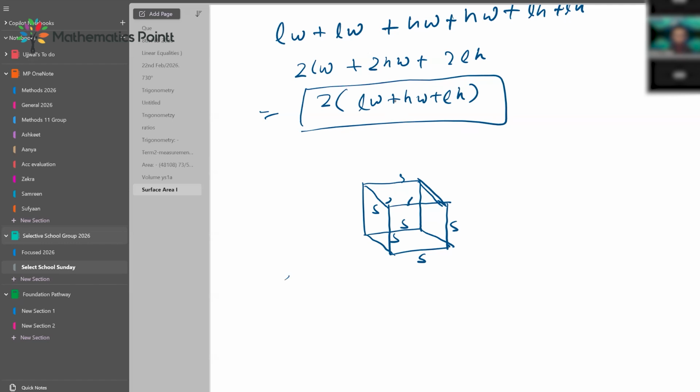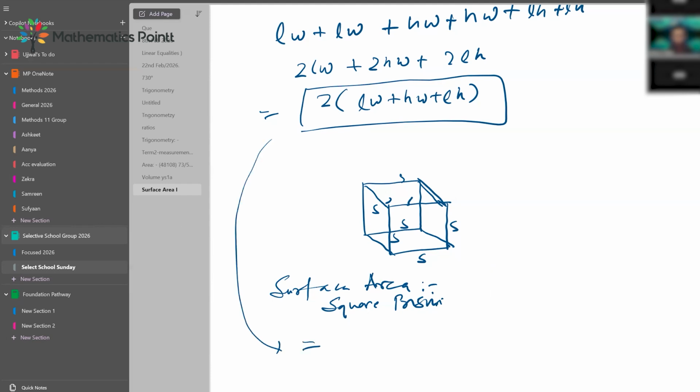So the surface area for a square prism is 6 times... Let's convert this formula here.